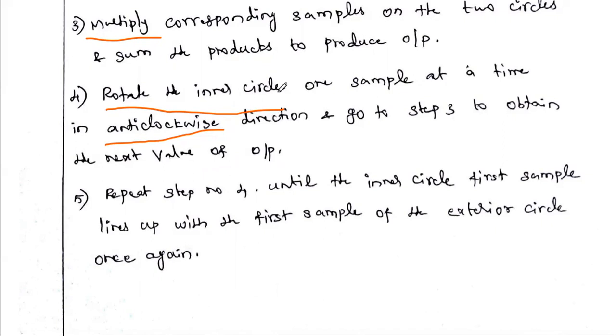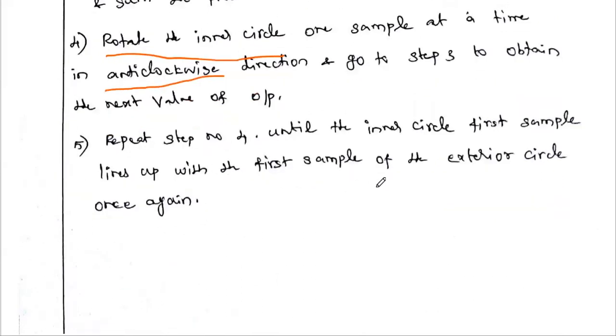So if the sequence has 4 samples, we perform the shifting process 4 times, totally 5 steps. So for 5 positions we have to find the answer. Then finally we write down the answer y of n as the first answer, second answer, third answer, fourth answer, etc.